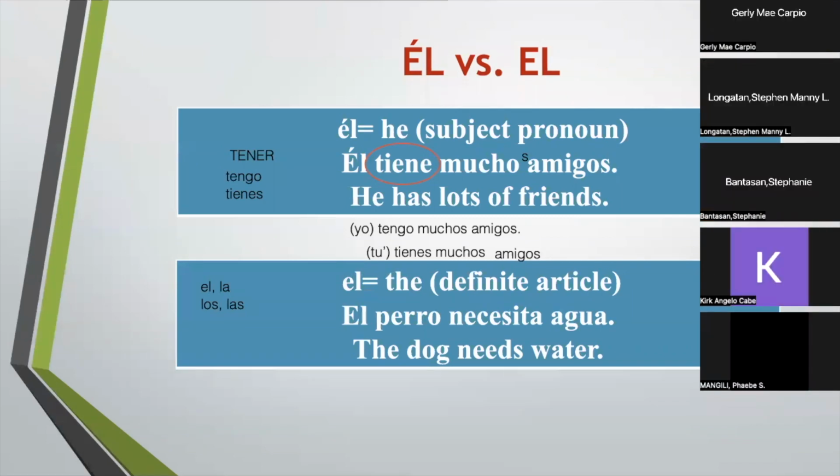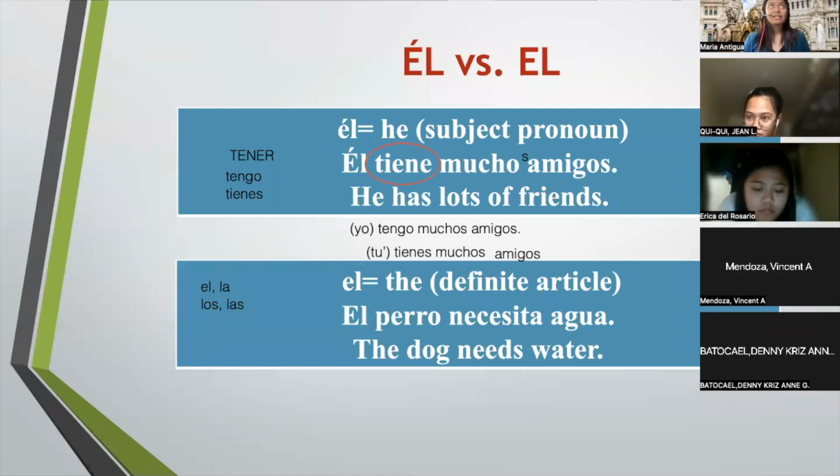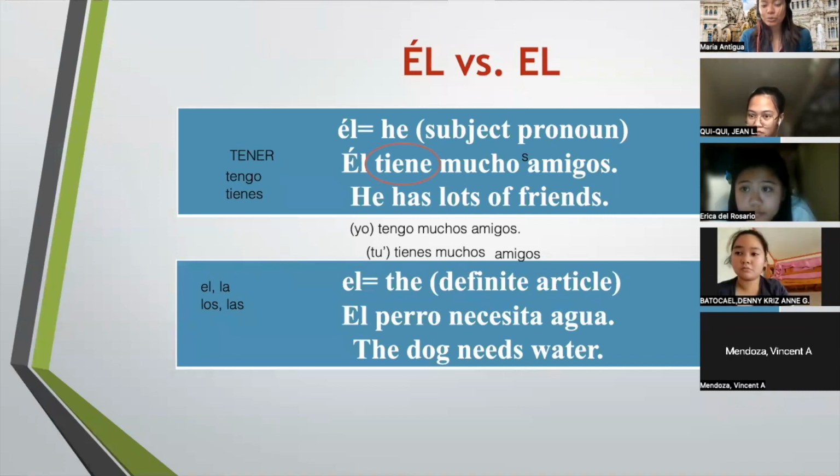So, el perro necesita agua. That's the example sentence. Repite, por favor. El perro necesita agua. Okay, good. I think lately, I'm getting the hang of that rolled R. Yung r, no? El perro necesita agua.